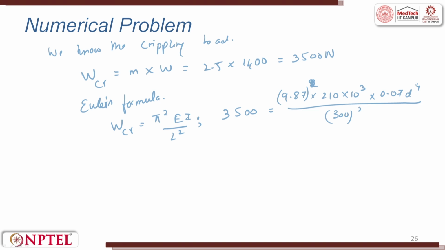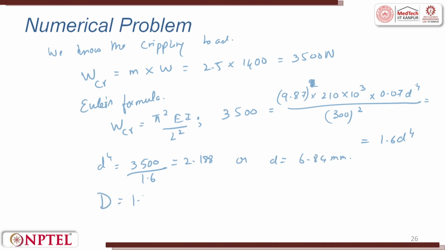300 square, which is again equal to 1.6 d to the power 4. So, d to the power 4 is equal to 3 by 1.6 times, which is 2.188, or d is equal to 6.84 millimeter.